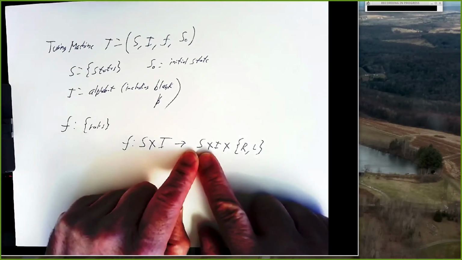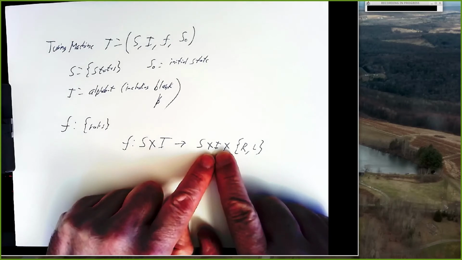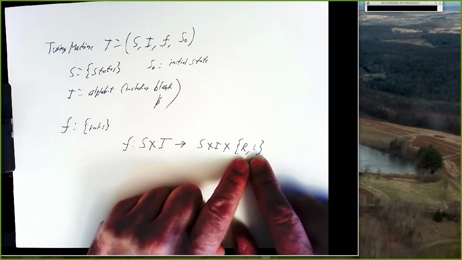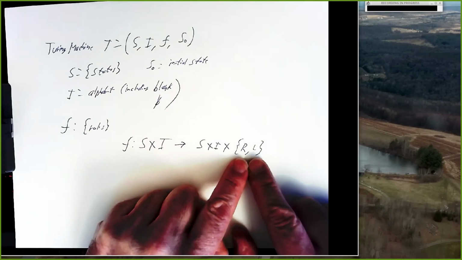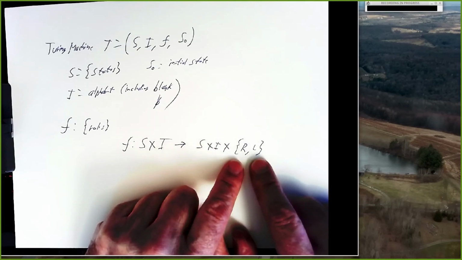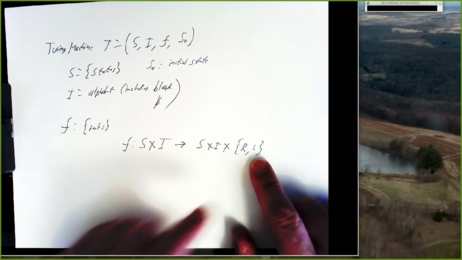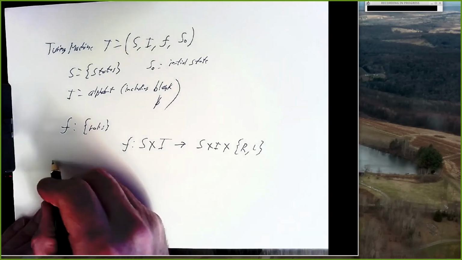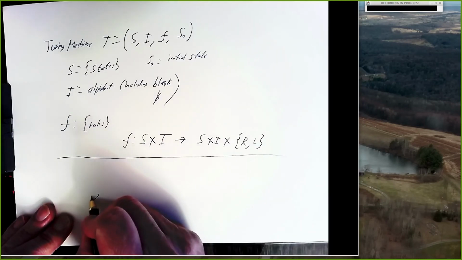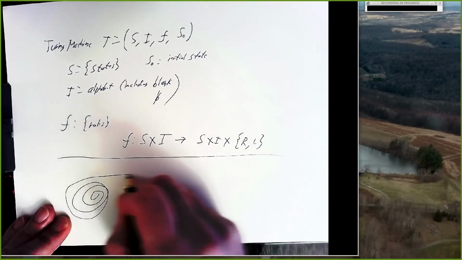Go to a new state with some new symbol written onto the input tape, and then we're going to do either an R or an L, and this is going to translate to moving a piece of input tape one direction or the other. Alright, so what does this look like? Here's our picture of this theoretical Turing machine.